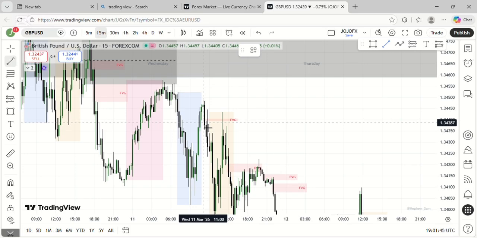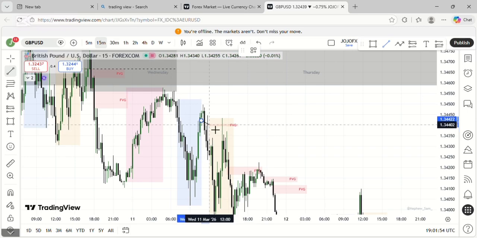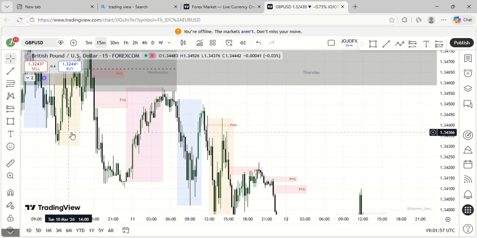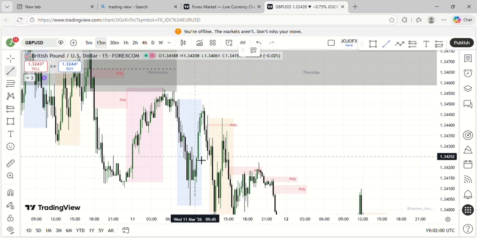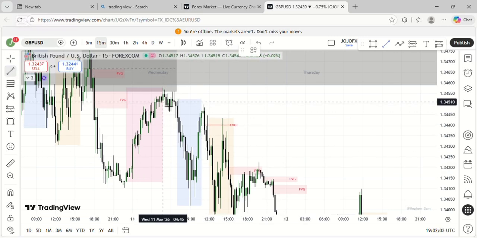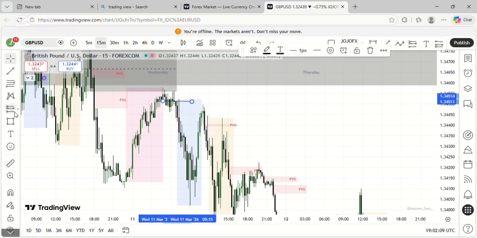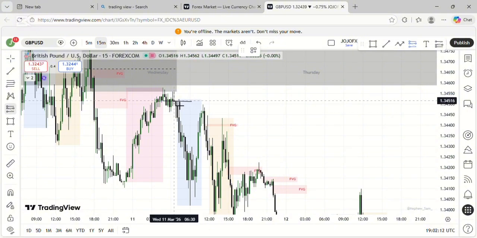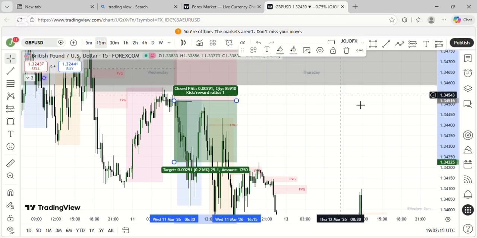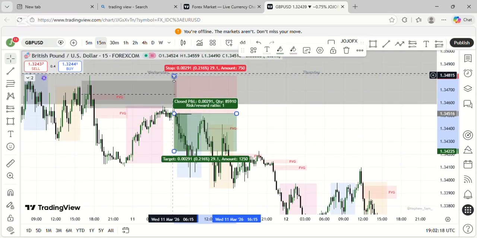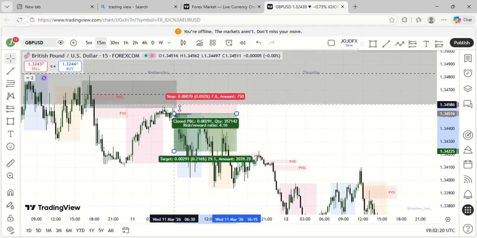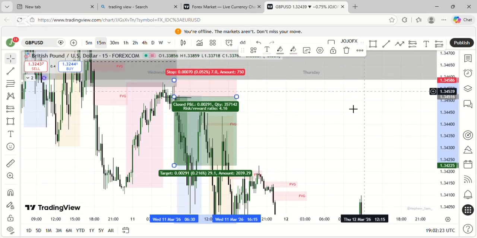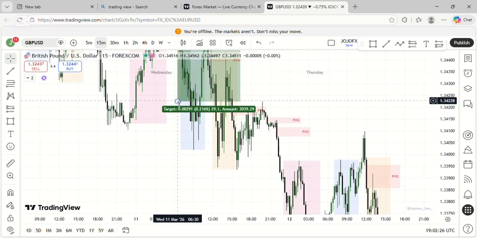So I marked it out like this, and I clicked my short, placed it here, and stop loss above here. See, GBPUSD didn't do that whole spike thing, but EURUSD did it.